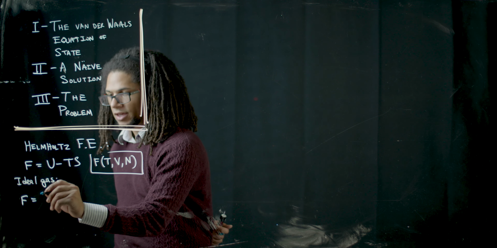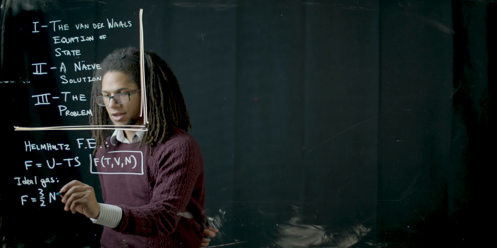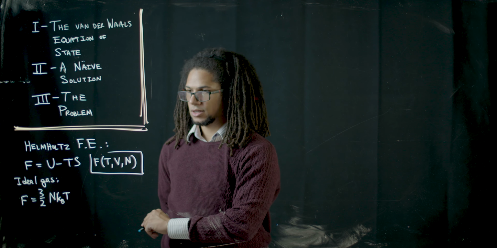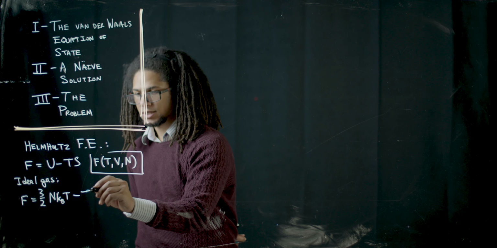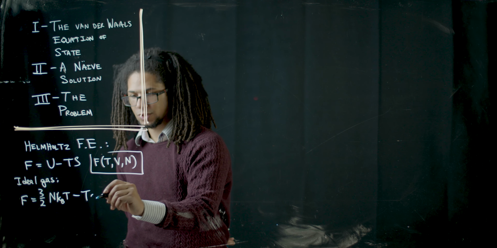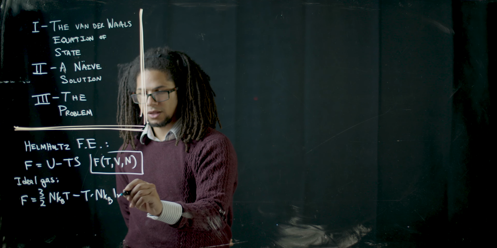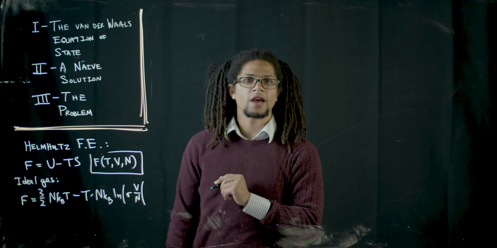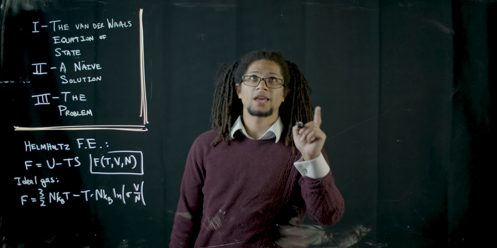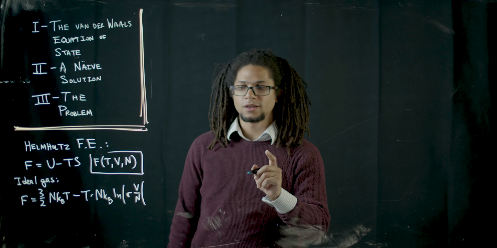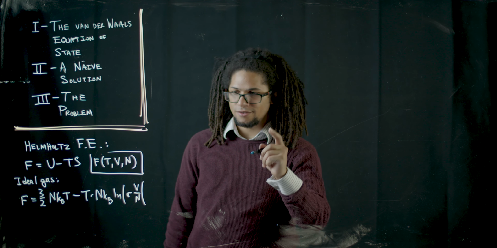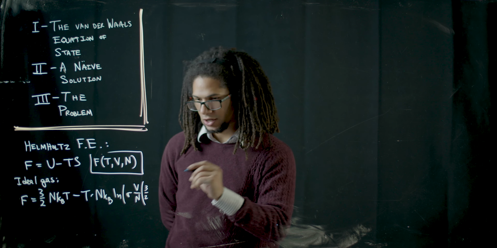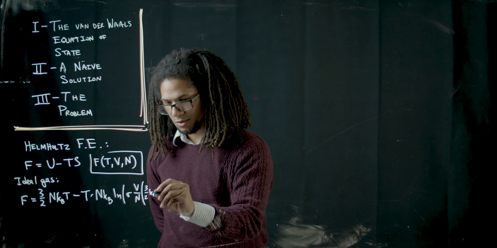So we'll get F is 3/2 NkBT minus T times S, which is NkB log of sigma V over N. And then U over N I'll rewrite as 3/2 NkB T over N. But that's just 3/2 times kBT.